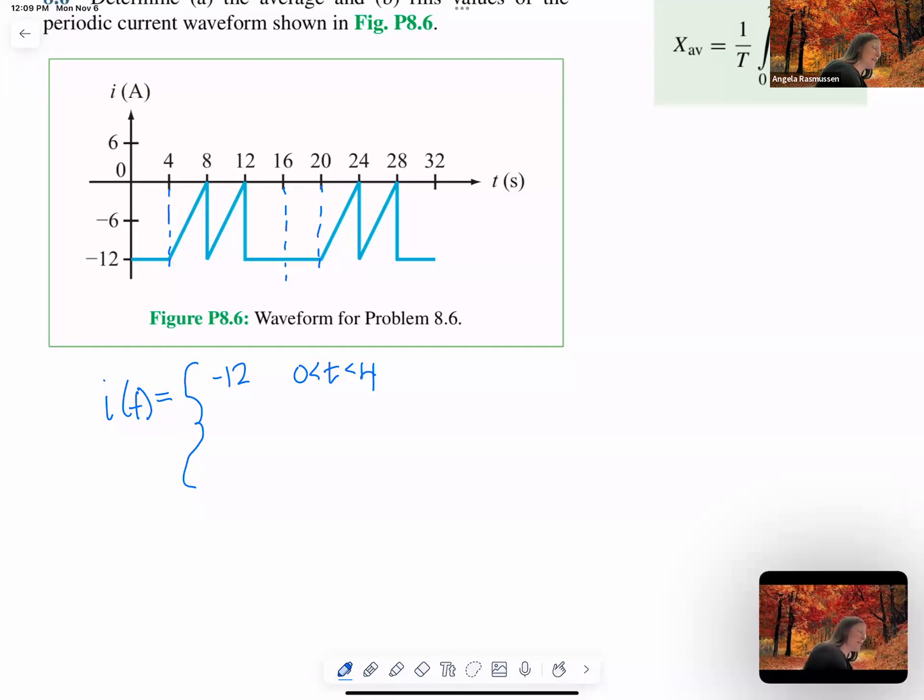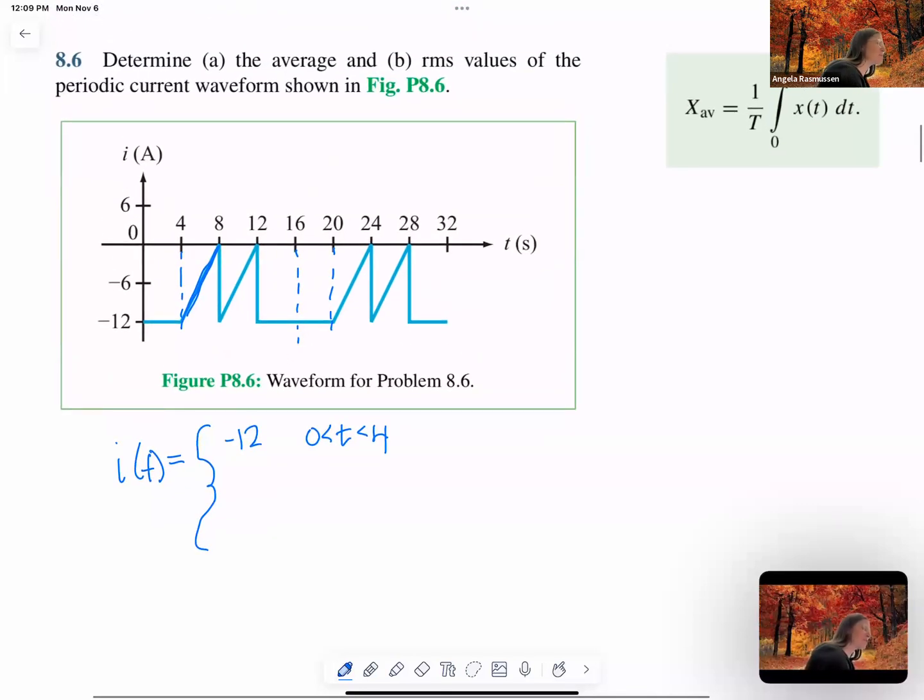And then how do I write this? Okay, so I have to determine the slope. How do I get the slope? Okay, so rise over run.